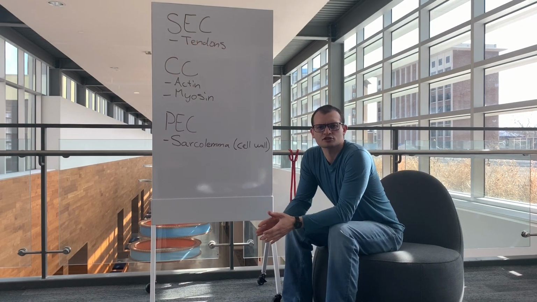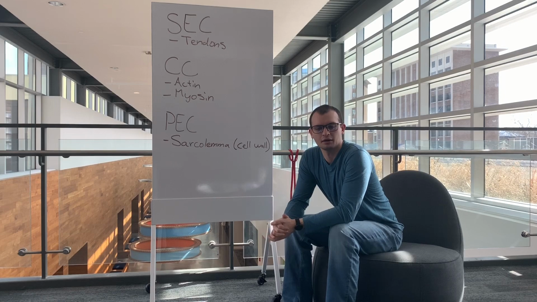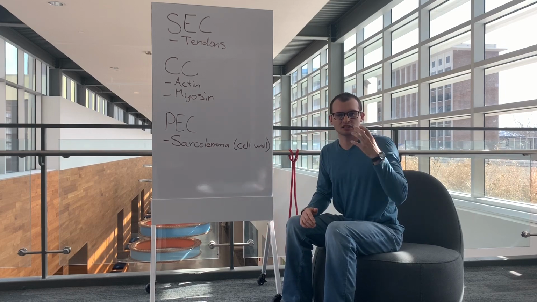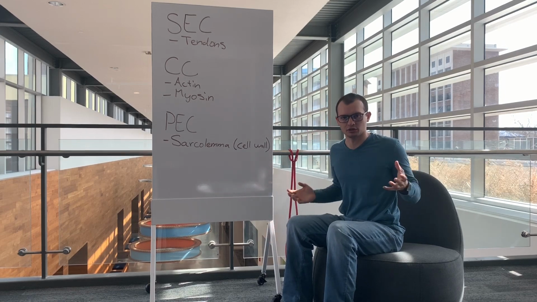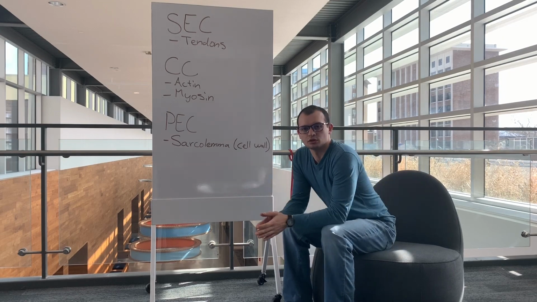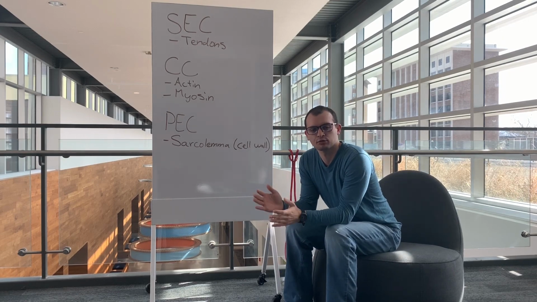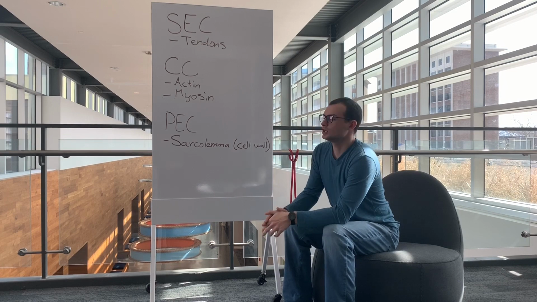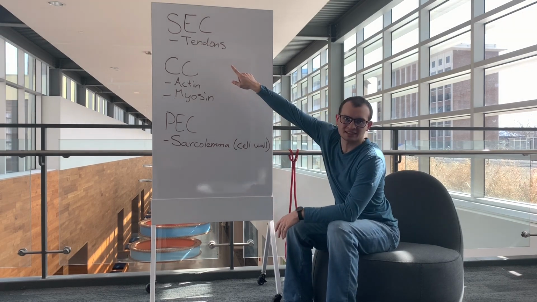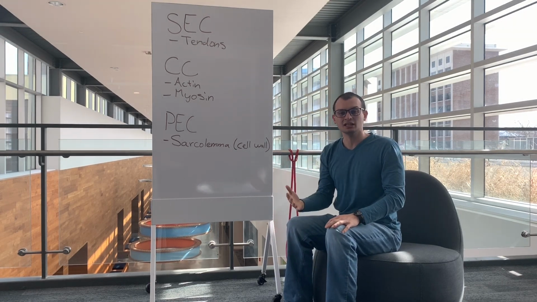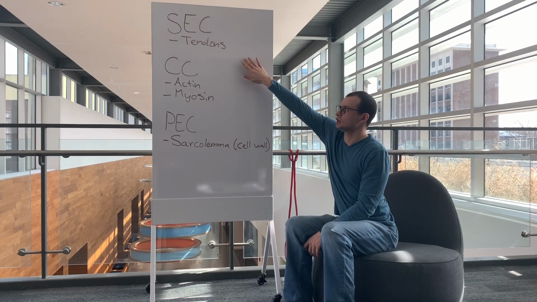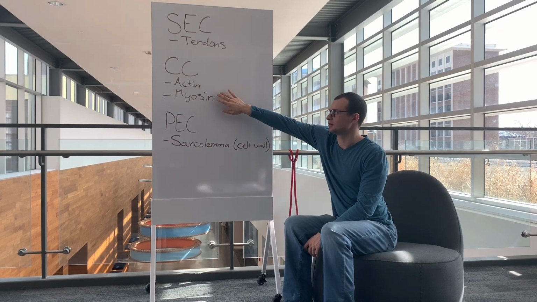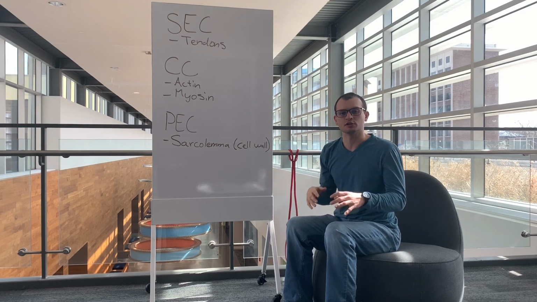So let's talk about the first component of our mechanical model, the musculotendinous components and how they relate to increasing force production. In a muscle, we have three main components that we care about. We have our series elastic components, or SEC. Those are going to be our tendons. We have our contractile components, which are our actin, myosin, and those cross bridges.